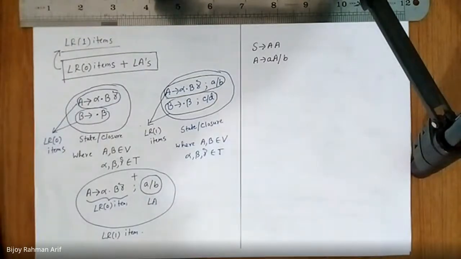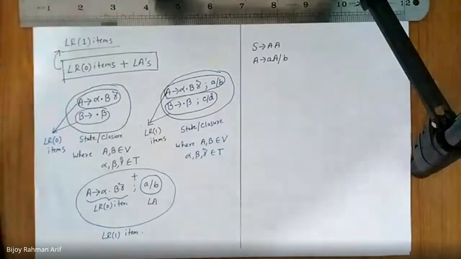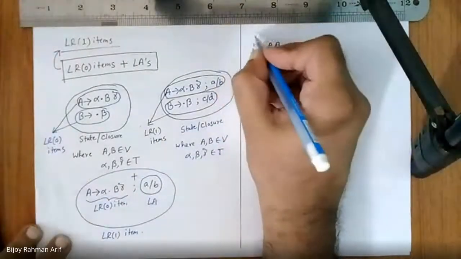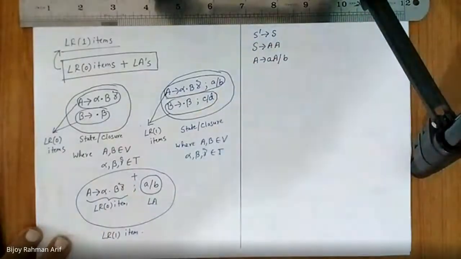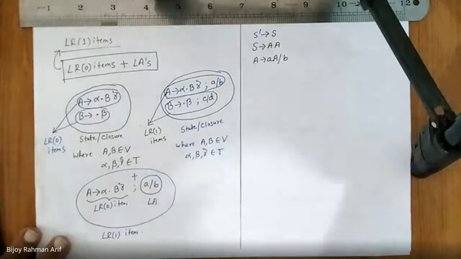Adding an augmented production so that I can start from capital S. So S dash derives S. Now start applying the rule.